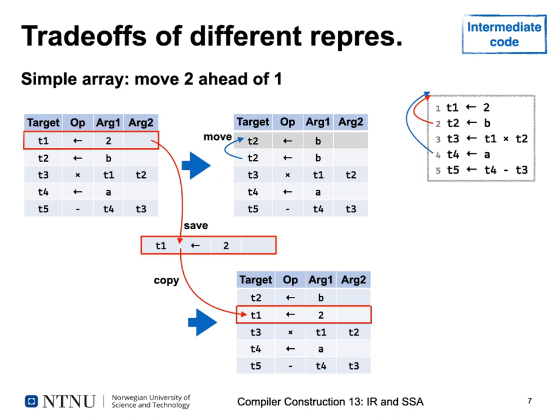Now this would override array element 1 here, but we need this instruction, so before we can do this move, we have to copy out the information in our first array element to some intermediate storage location here. Then we can do the move of instruction 2 to the location of instruction 1.